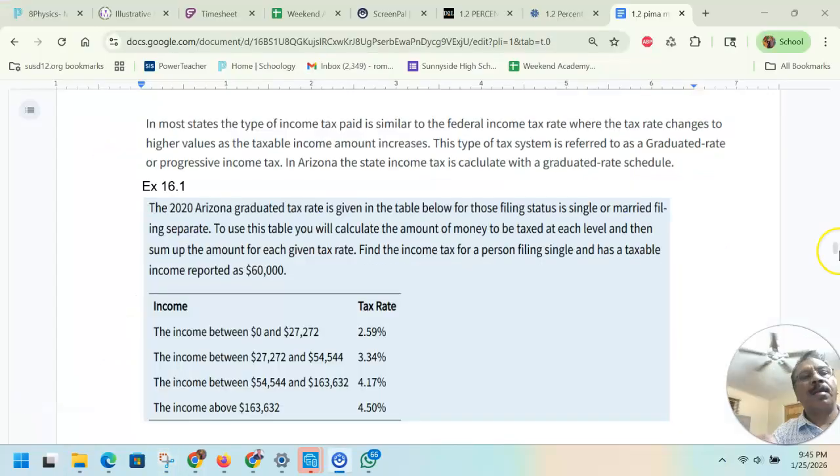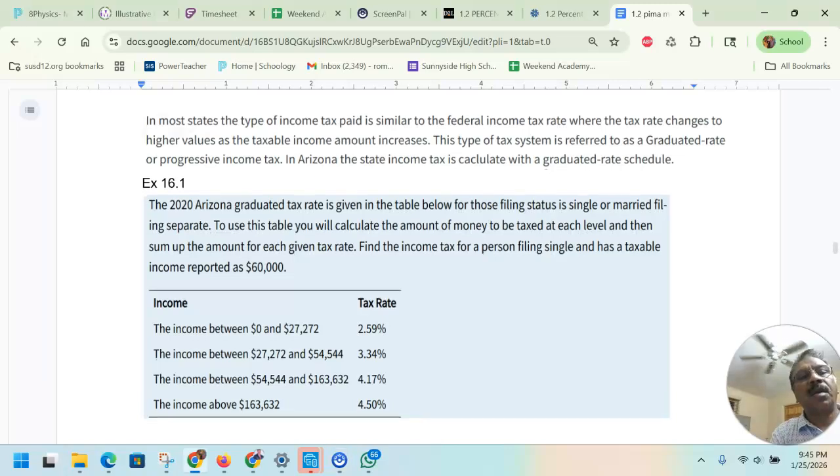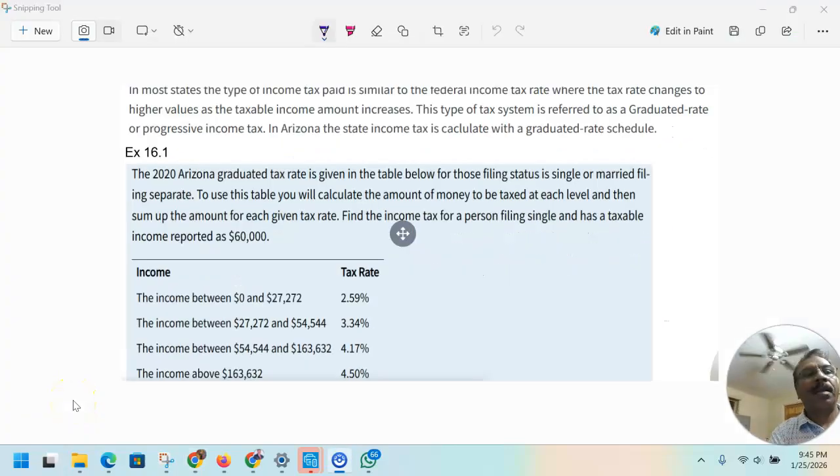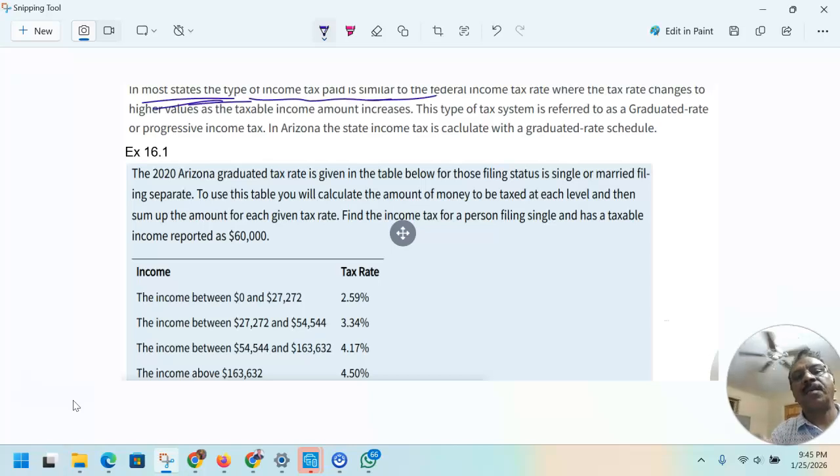Let's check one more. Okay, this is very interesting. In most states, the type of income tax paid is similar to the federal tax. Basically, federal tax means a certain slab from here to here is some amount, then again, so this is a progressive type.